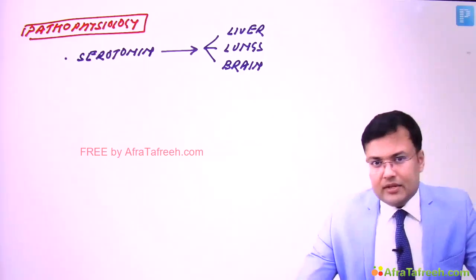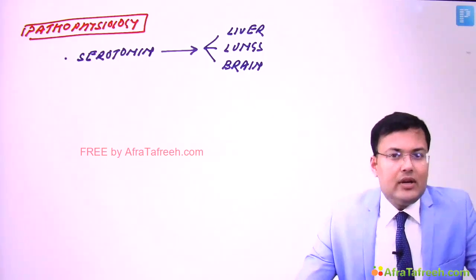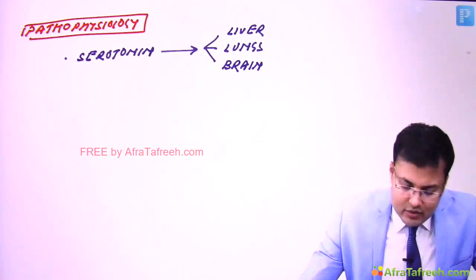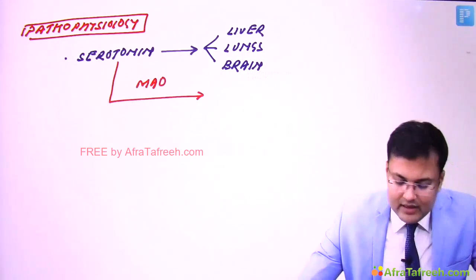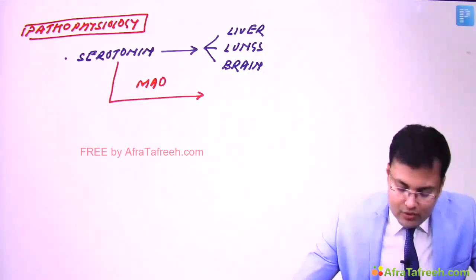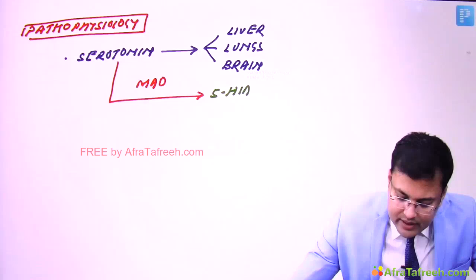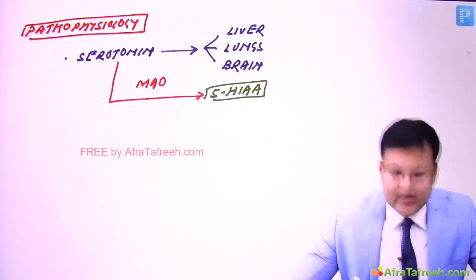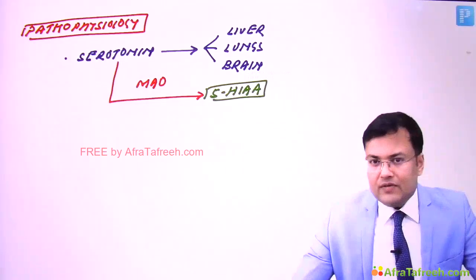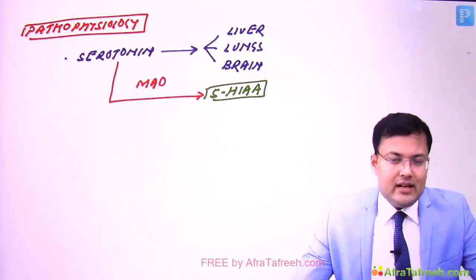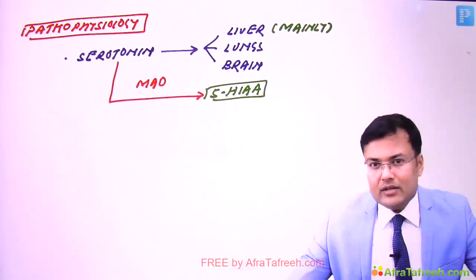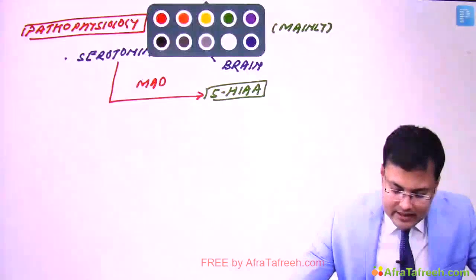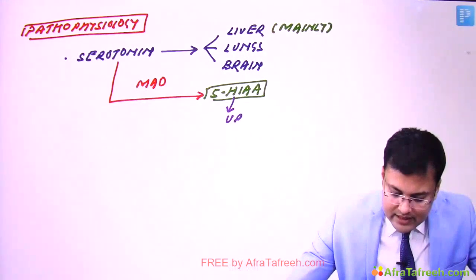There is one enzyme, monoamine oxidase, which works on serotonin and converts it into 5-hydroxyindole acetic acid. So serotonin is metabolized into 5-hydroxyindole acetic acid in liver, lungs and brain, mainly in the liver. Finally, this 5-hydroxyindole acetic acid is excreted in urine.